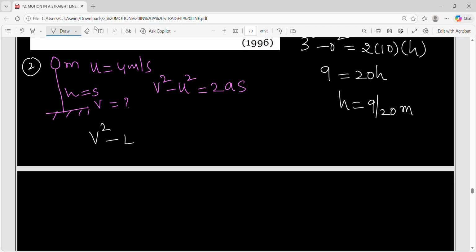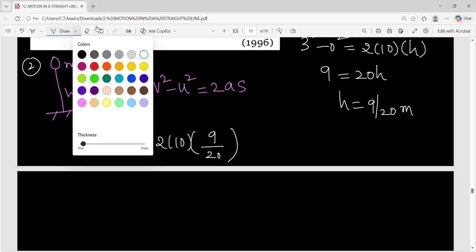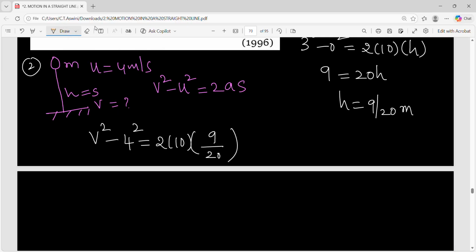Now just substitute in the second case. V square minus u square, this time u is 4 square, 2 into a into s is what? 9 by 20. What gets cancelled here? 1 0, 1 0, 2 one time, 2 one time. So I will get v square minus 16 is equal to 9.